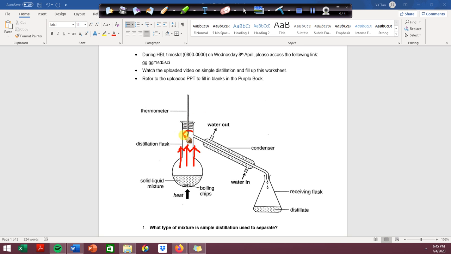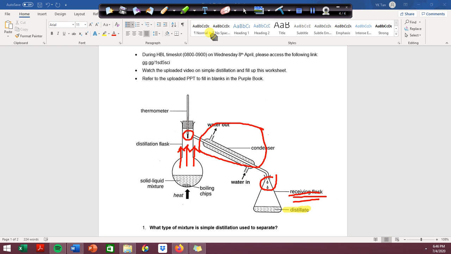Then it rises to the top and it comes into contact with this piece of apparatus known as a condenser. As the name suggests, the water vapor will condense on the condenser and it drips down. It is collected in the receiving flask as distillate.